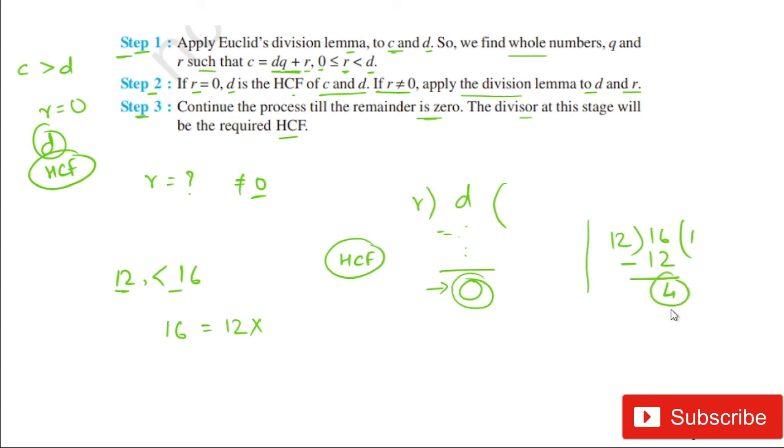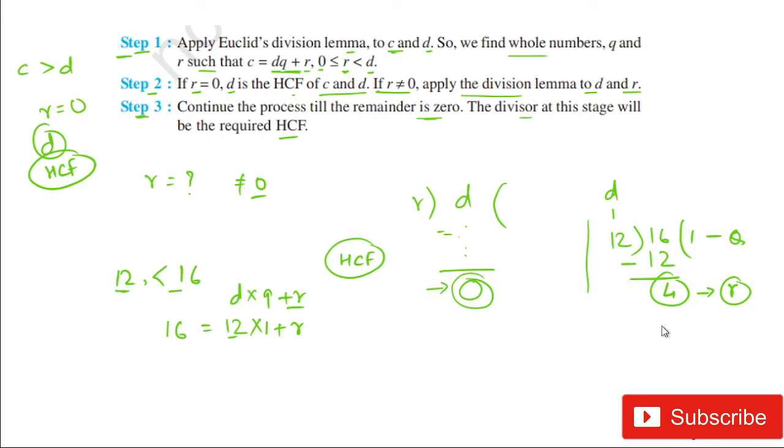So we have got quotient as 1 and remainder as 4. So we have written d multiplied by q plus r, where quotient is 1 plus remainder 4.